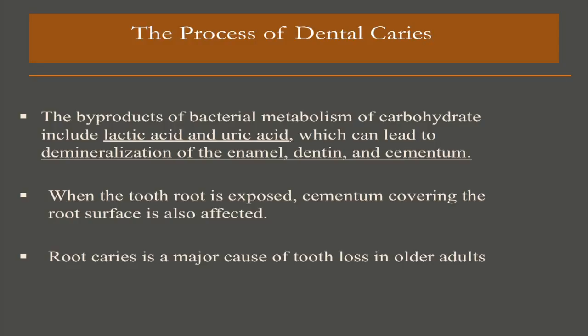When the tooth root is exposed, the cementum covering the root surface is also affected. Root caries is a major cause of tooth loss in older adults, and tooth loss is the most significant oral health-related factor affecting quality of life in older adults.